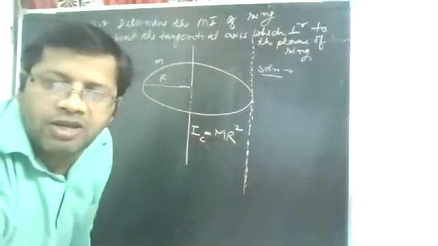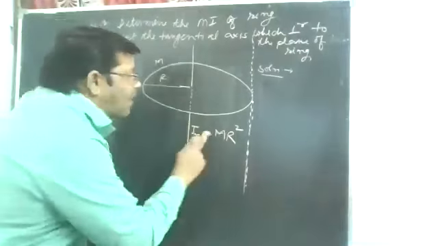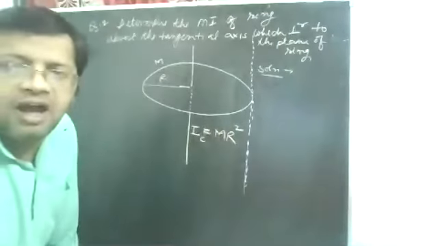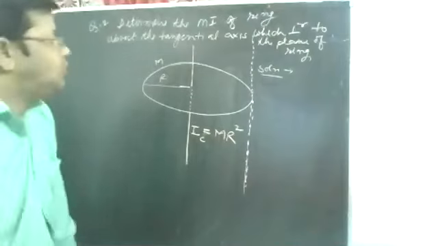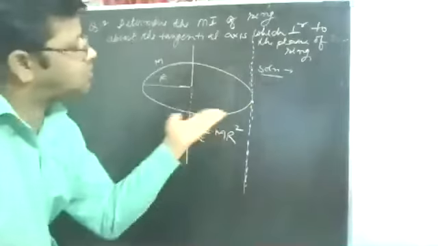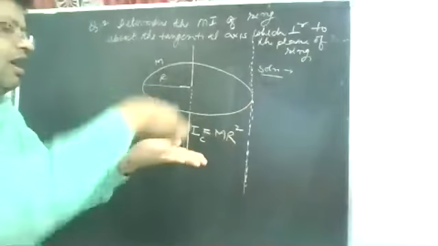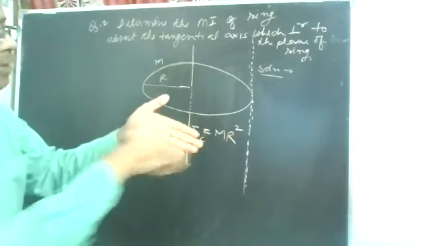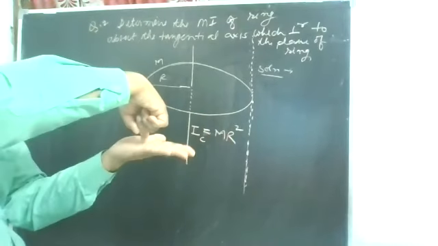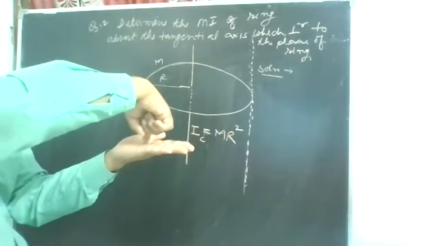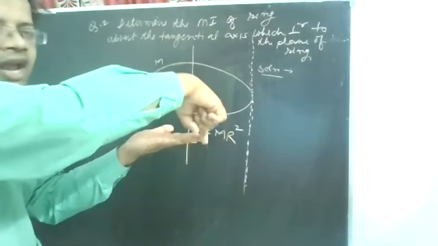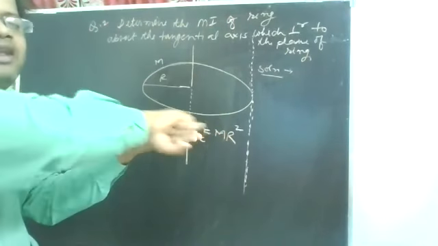The moment of inertia of the ring about the axis passing through its center and perpendicular to its plane is mr square. Now this is the tangential axis, and this is also perpendicular to the plane of the ring. The axis is passing like this.